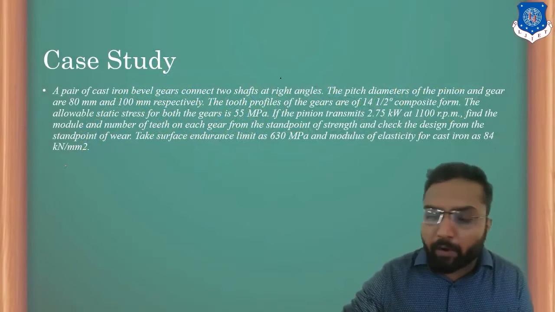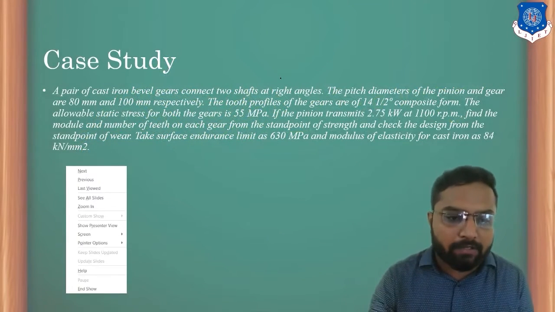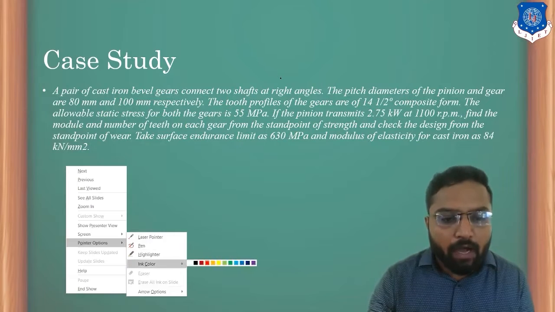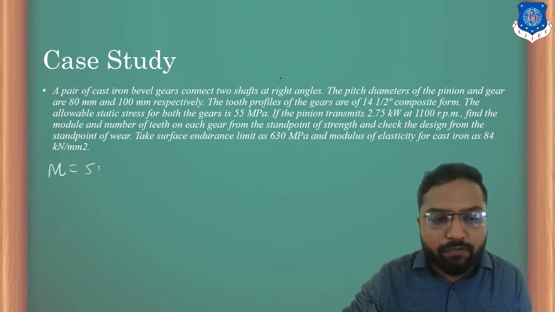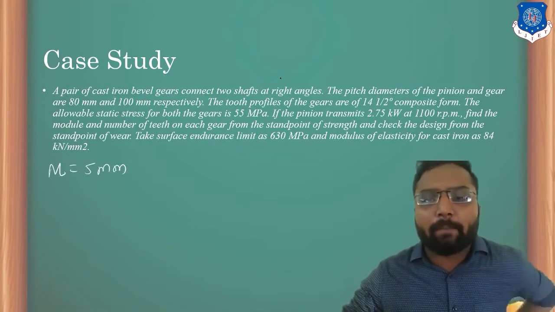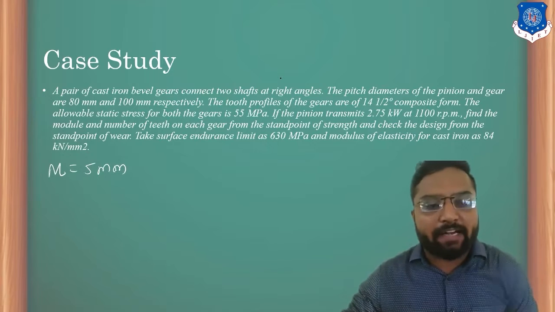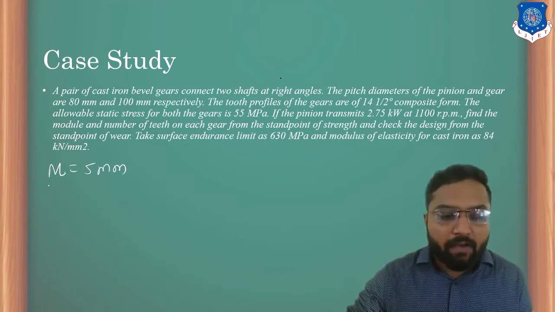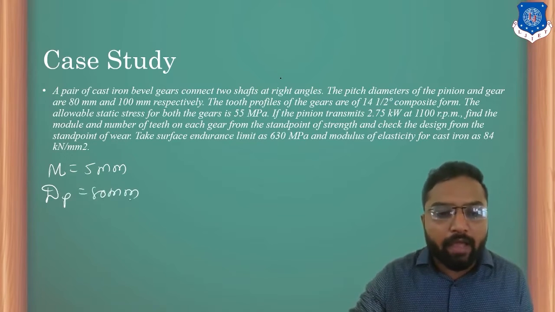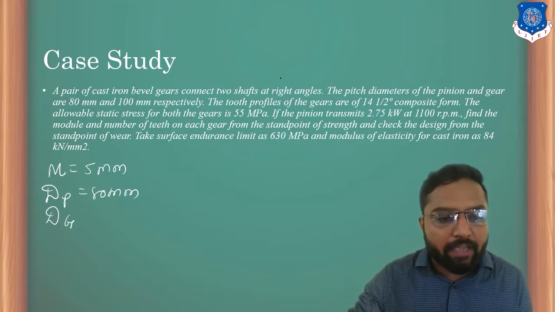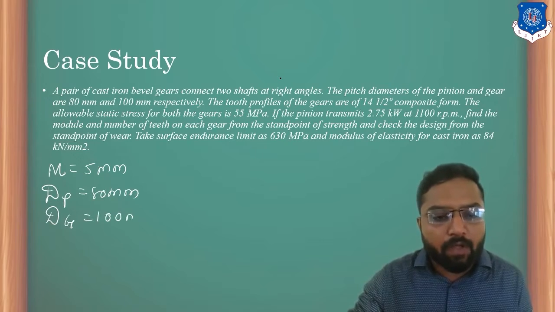So in the last session, we found our module, which is m equals 5 mm. Depending on that, we have to find the number of teeth. Here we have the diameter of the pinion, which is 80 mm, and the diameter of the gear, which is 100 mm.